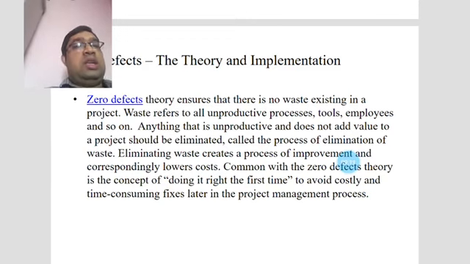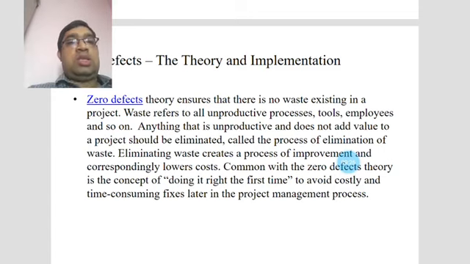Eliminating waste creates a process of improvement and correspondingly lower cost.